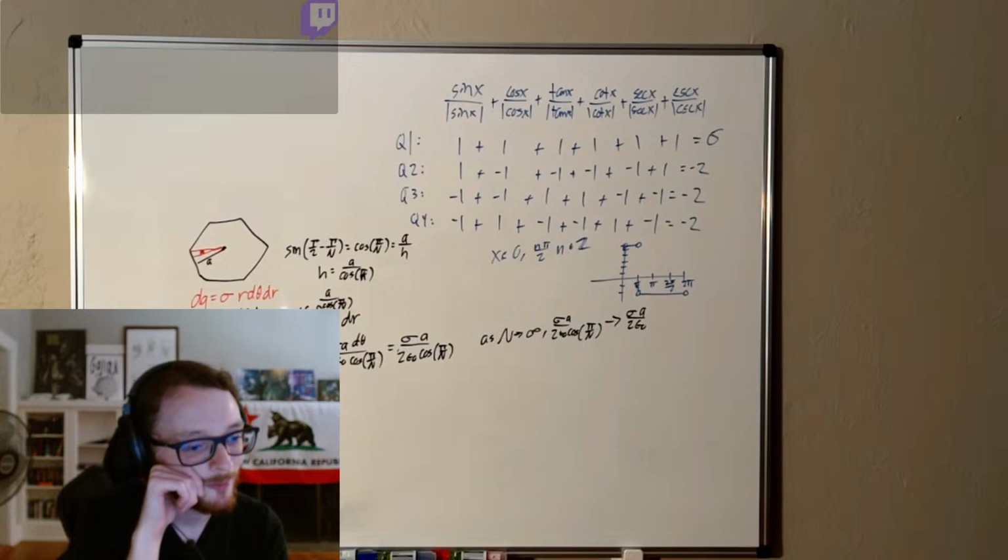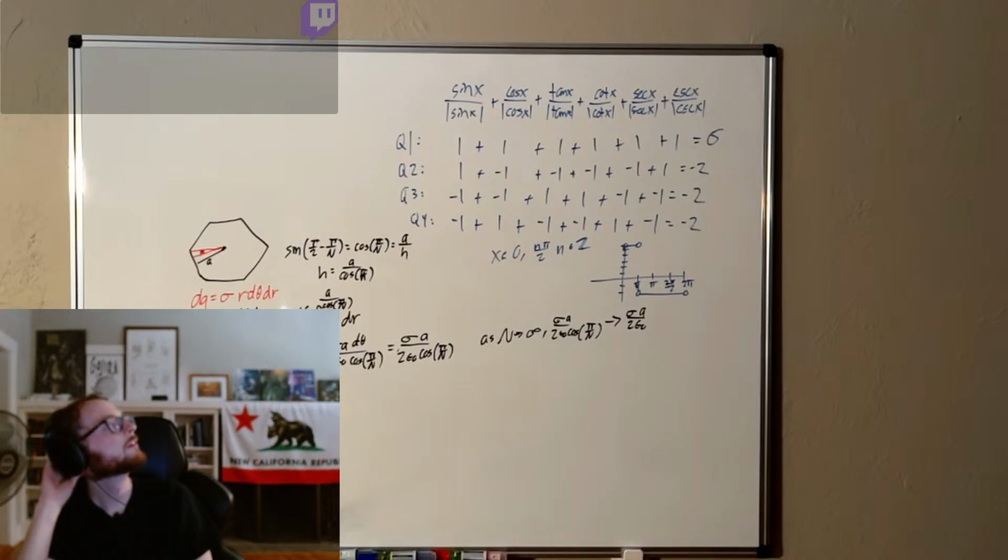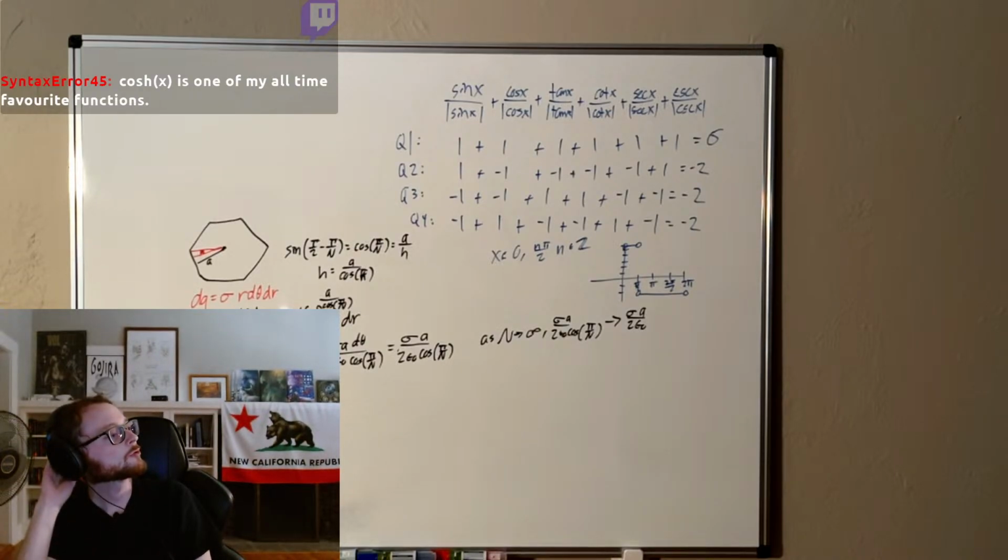And PH is saying if you add cosine over secant and sine over cosecant, it's really difficult. Yeah, you're not getting constants there, unfortunately.